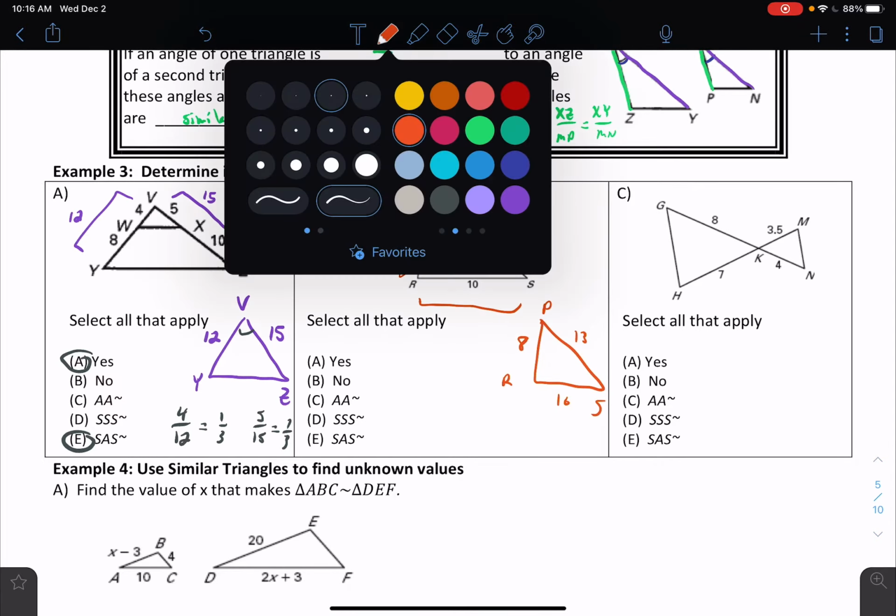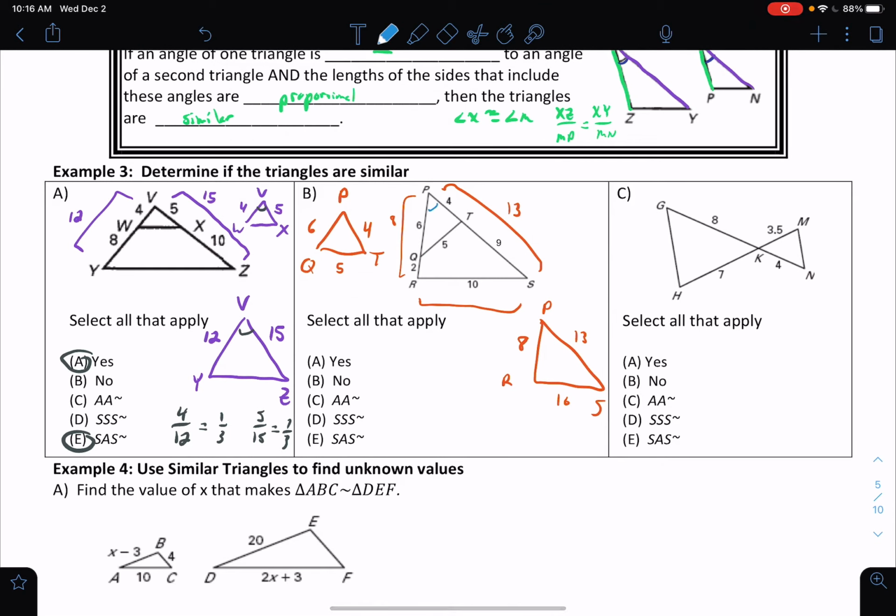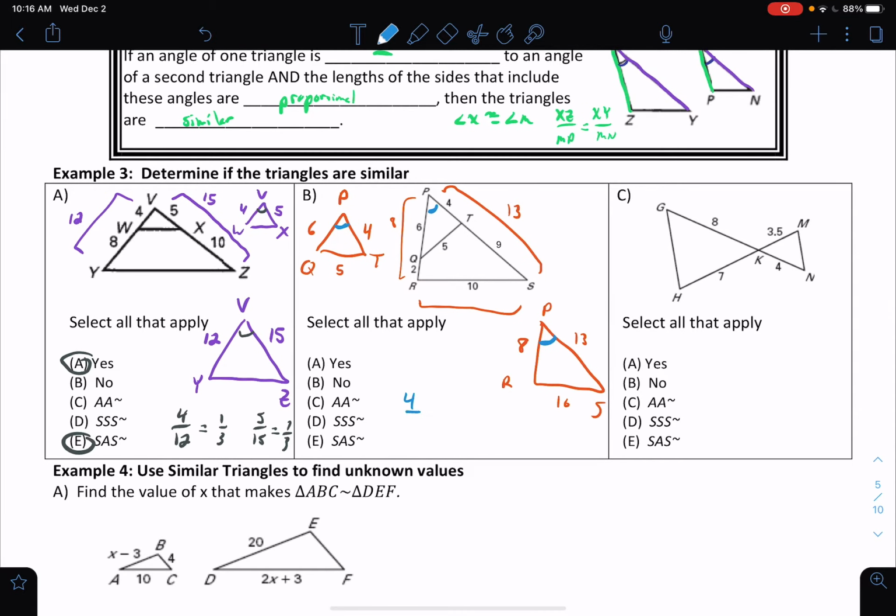All right, so these two triangles share angle P. So we've got a congruent angle. Let's check the sides. Small to small, we've got 4 over 8, which is 1/2. Medium to medium, we have 5 over 10, which is 1/2. Large to large, we have 6 over 13, which does not equal 1/2.